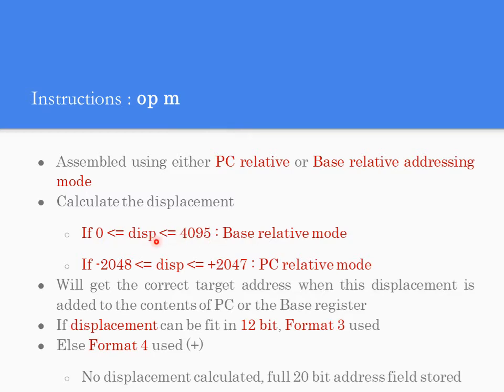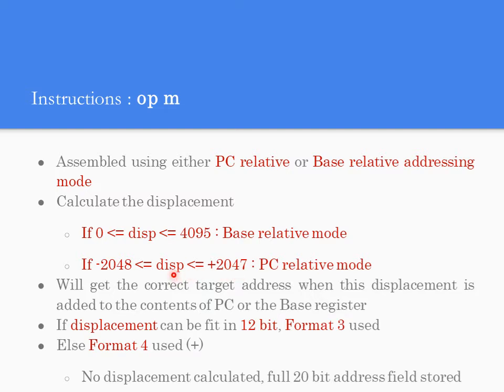Since the displacement field is 12 bits in format 3, 12 bits means 2 power 12 possible values, which is 4096. That's why it's between 0 and 4095. If the displacement that you are calculating is a signed integer value, then its range will be between minus 2048 and plus 2047.